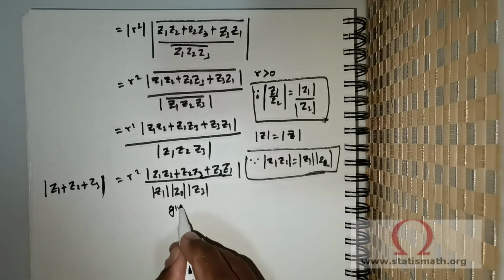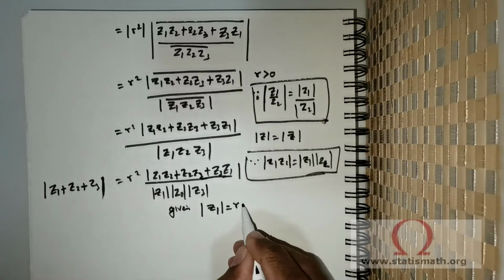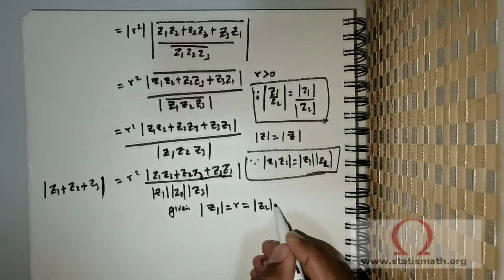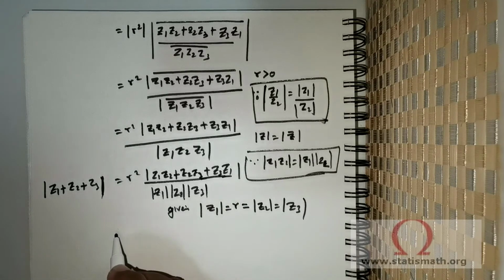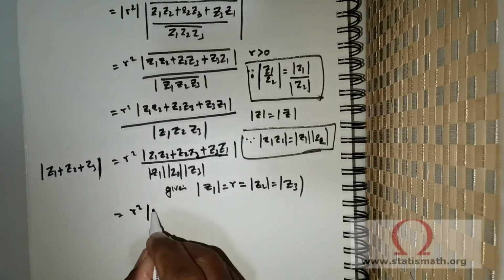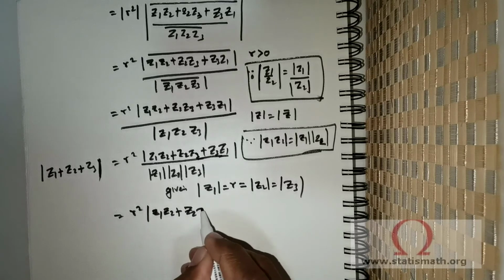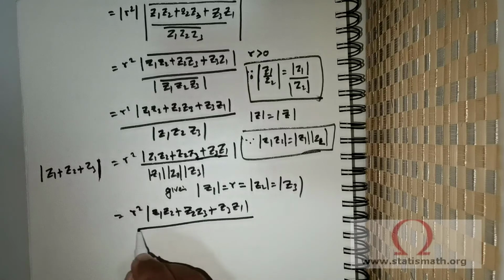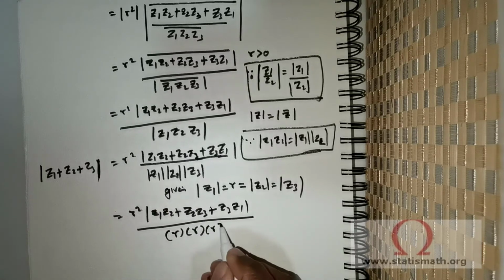Now we were given that modulus of z1 is equal to r, and that is also the same for modulus of z2 and modulus of z3. So all of these are equal to r. Because of that, I can rewrite this as r squared times modulus of z1 z2 + z2 z3 + z3 z1 divided by r multiplied with r multiplied with r.